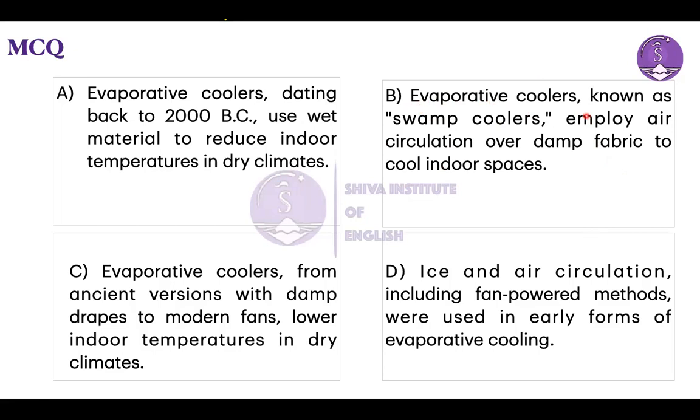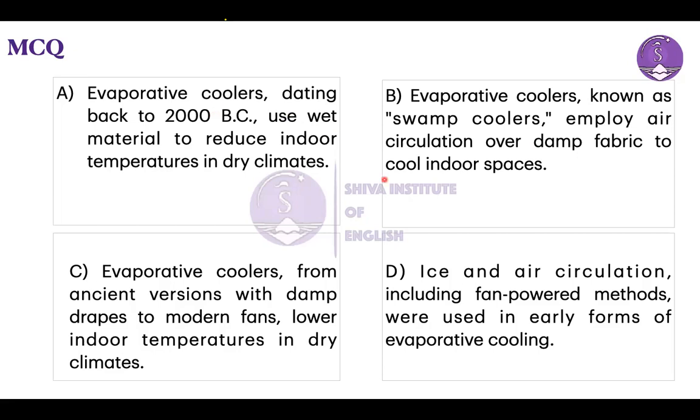The second option says evaporative coolers, known as swamp coolers, employ air circulation over damp fabric to cool indoor spaces. Now, what's the difference between option A and B? Option A stated that we started using evaporative coolers since 2000 BC onwards, right?